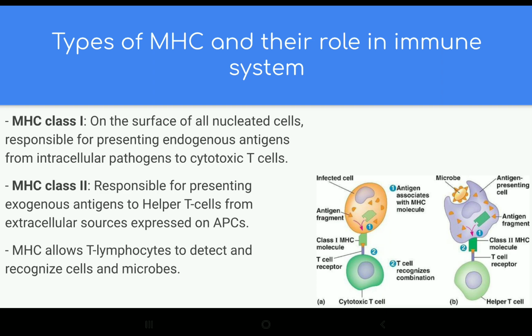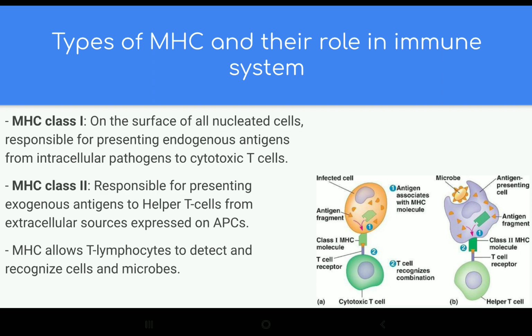Types of MHC and their roles in the immune system. It should also be noted that there are two primary types of molecules that make up the major histocompatibility complex (MHC). All nucleated cells have class 1 MHC, which is responsible for presenting endogenous antigens from intracellular pathogens to cytotoxic T cells.